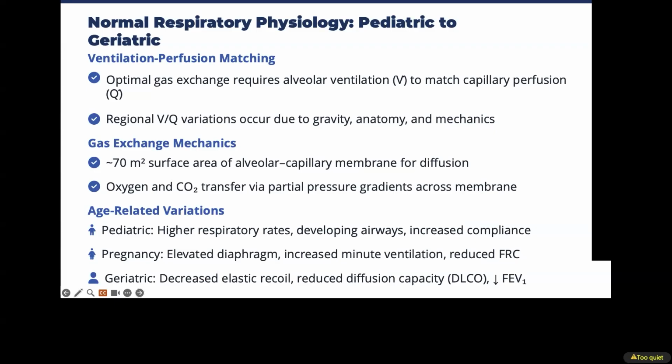Optimal gas exchange depends on matching ventilation and perfusion in each individual alveolus. But the match is never quite perfect, obviously, because even in health, regional differences can arise from how the lung hangs in the chest cavity. The bases are heavier with blood, while the apices are lighter and overventilated. But together, it comes out to a pretty good ratio with respect to gas exchange.